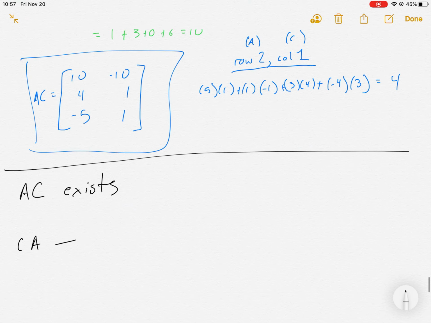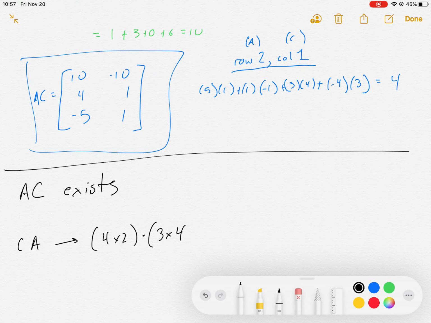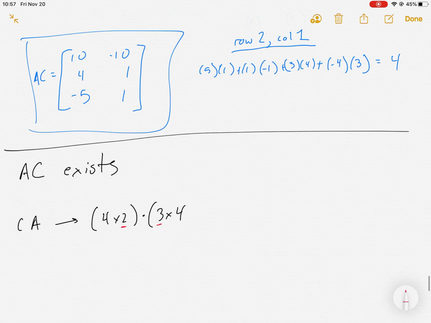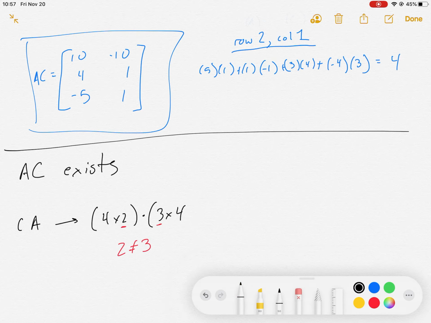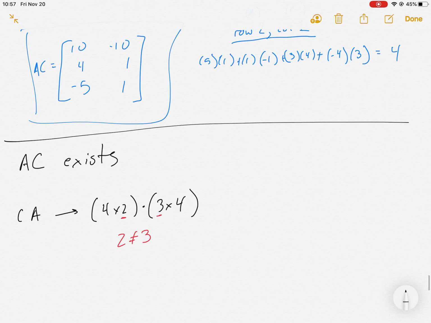But notice if I try to do C times A, this would be a 4 by 2 times a 3 by 4. So notice that 2 and that 3 are not actually equal. So this is a situation where AC exists, but C times A doesn't even exist. Not only is it a different matrix, but we can't even do it. So A times C works, but the commutative property doesn't hold in that C times A doesn't even exist.